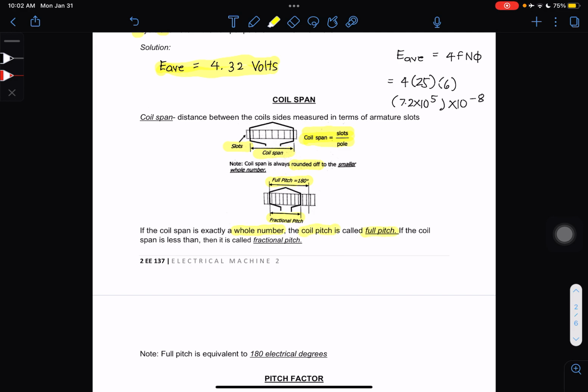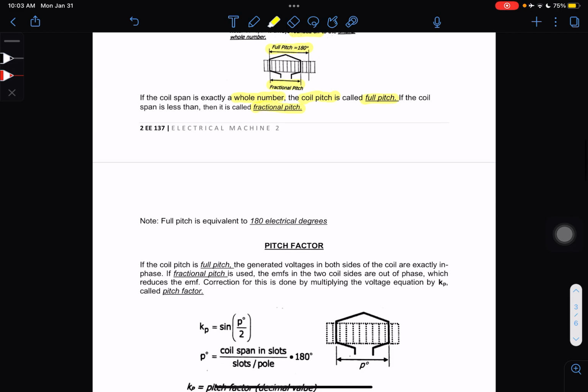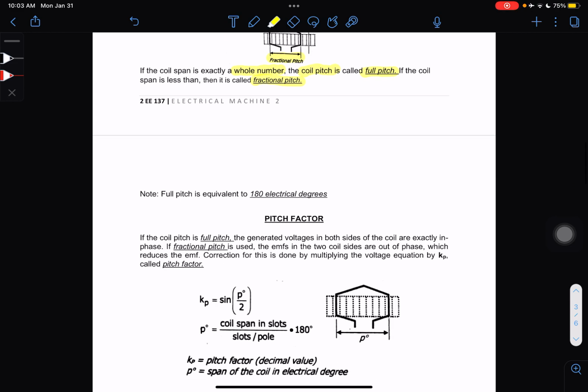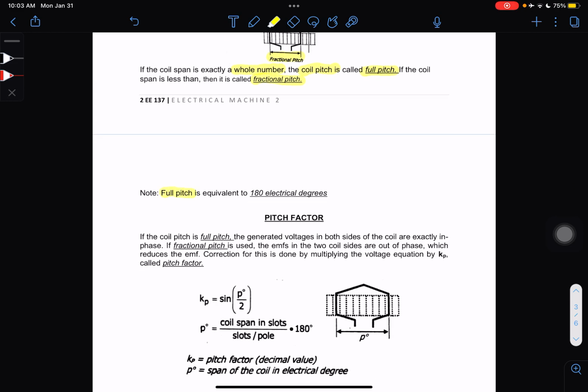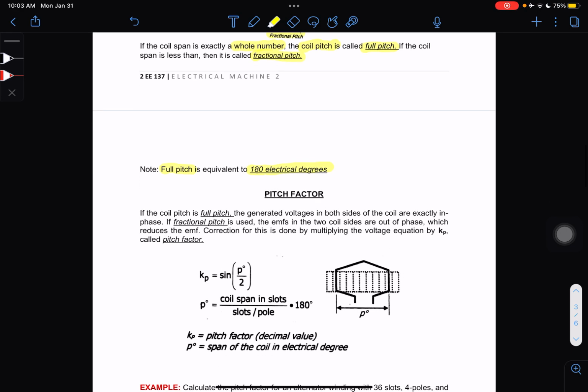So if the given in the problem is a coil span that is a whole number, it is called full pitch. If the coil span is less than that, then it is called fractional pitch. So take note also that full pitch is equivalent to 180 electrical degrees.